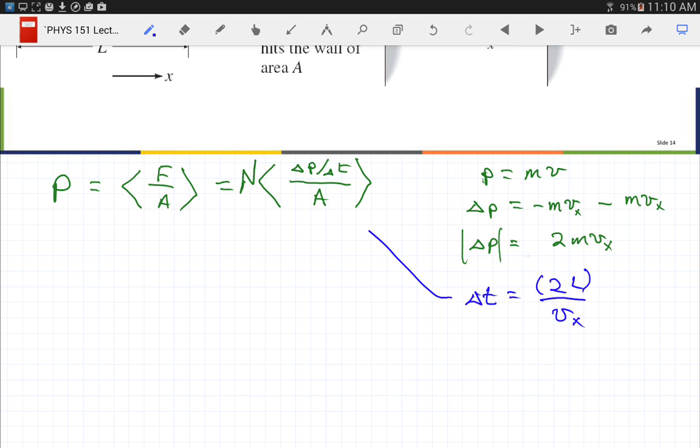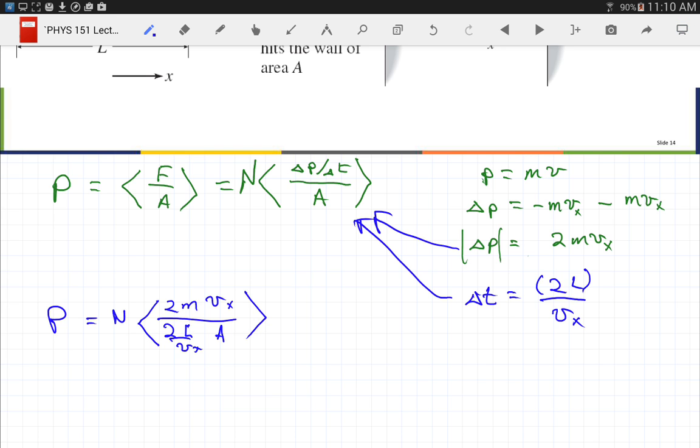So if I put these two things into my equation, I now have my pressure, my average pressure, is equal to N times the average of 2mVx divided by 2L over Vx times area.